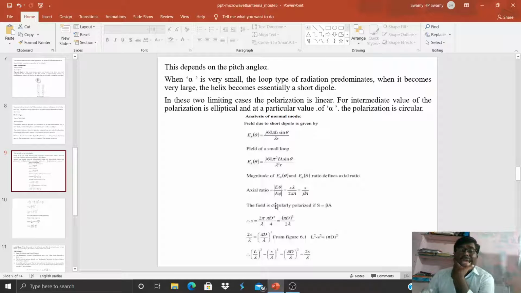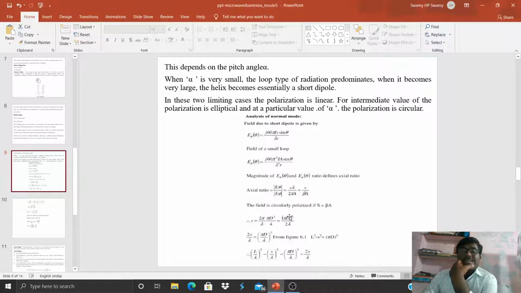So the axial ratio is the ratio of the magnitude of E theta by E phi, which is S divided by beta a, because beta is equal to 2 pi by lambda.